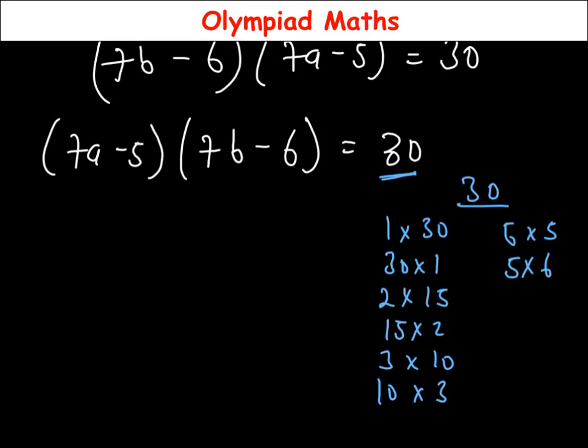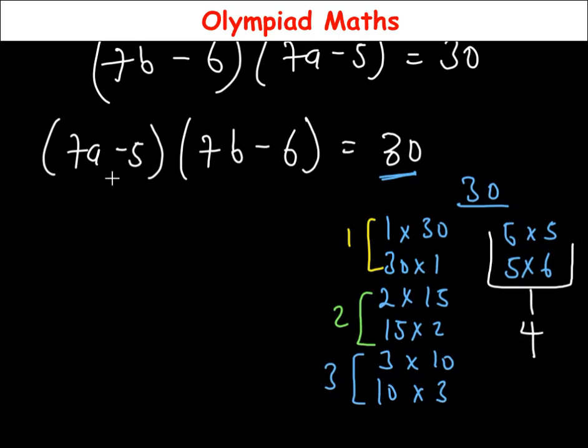So there are four cases in which you can have the value of 30. The first case is 1 times 30 and 30 times 1. The second case is 2 times 15 and 15 times 2. The third case is 3 times 10 and 10 times 3. And the fourth case is 6 times 5 and 5 times 6.